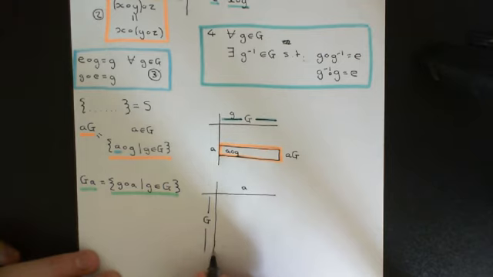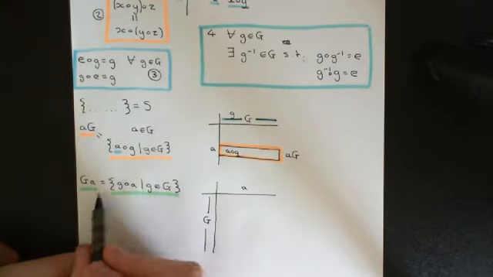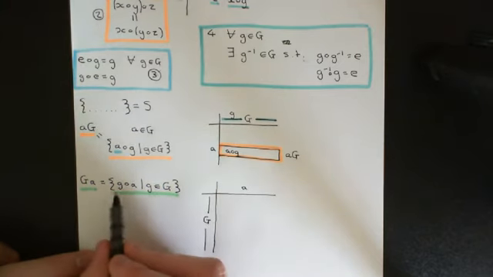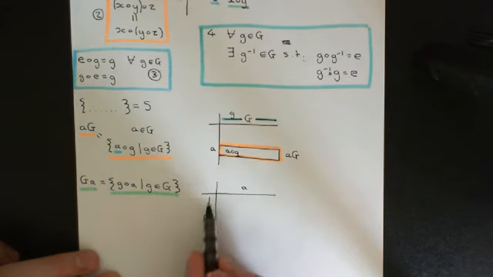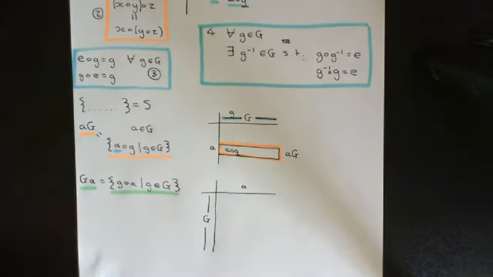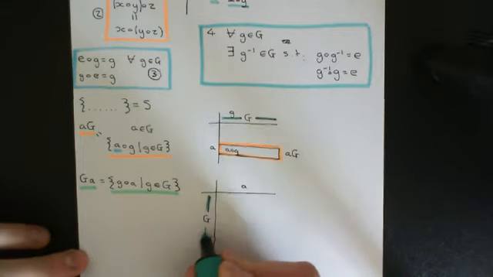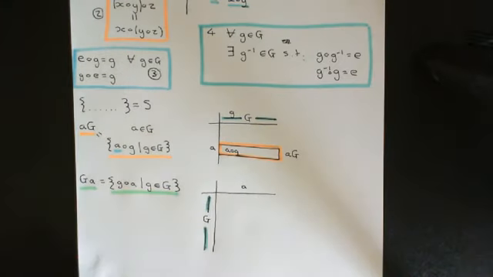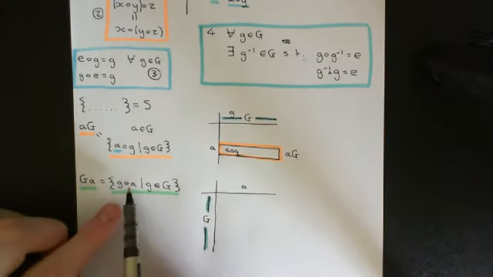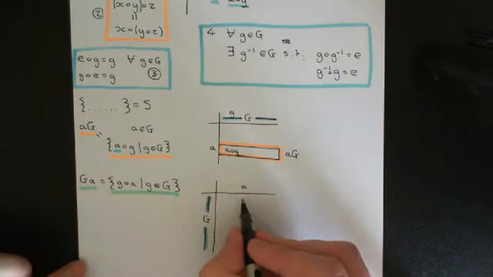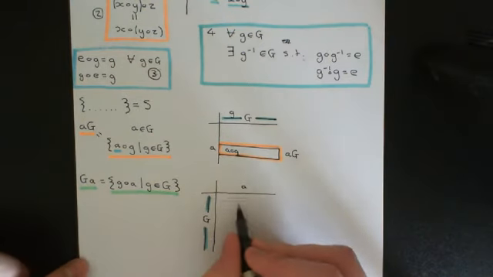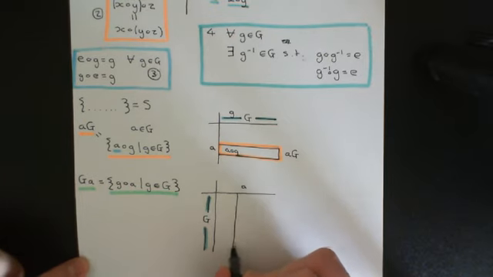So what we are effectively looking at when we ask for this set is: go through all of the elements of the group capital G, and I'll colour code that in. Here are all of the elements of capital G, and you compose them, or right multiply them, by a, and that will give you all of the answers in this column.